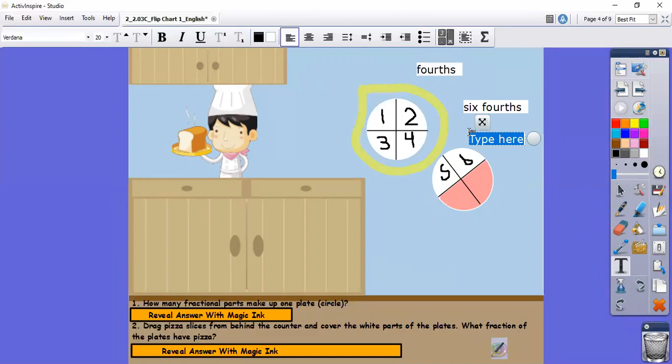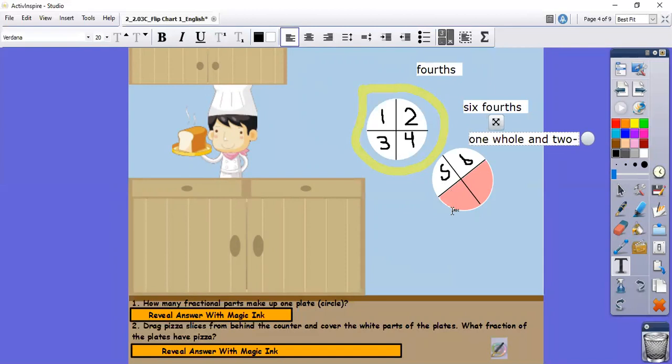So to write it as a mixed number, how many wholes do I have that are completely white? What are my fraction pieces that are in the circle? Only one of them is completely white. So I have 1 whole, and let's see, how many pieces down here do I have that are white? 1, 2. 2 of them. 2 what? 2 fourths.